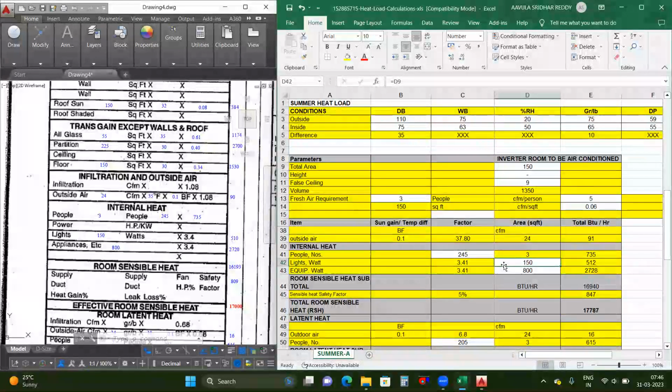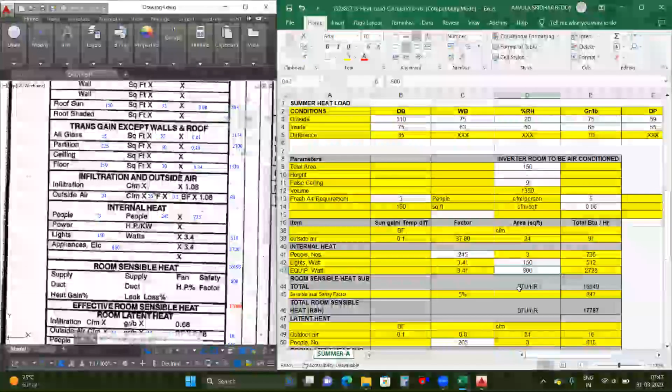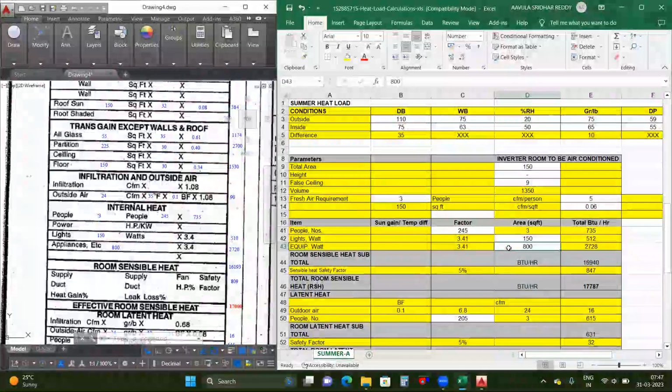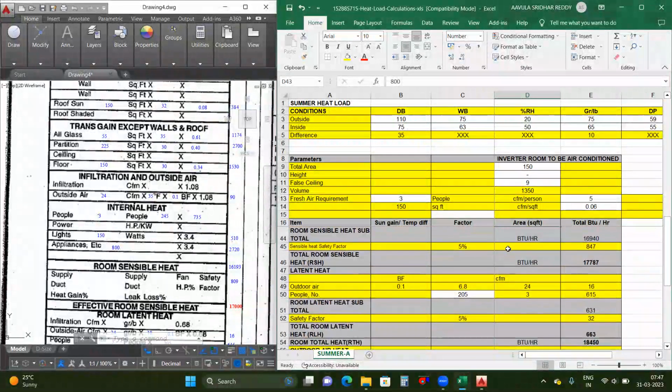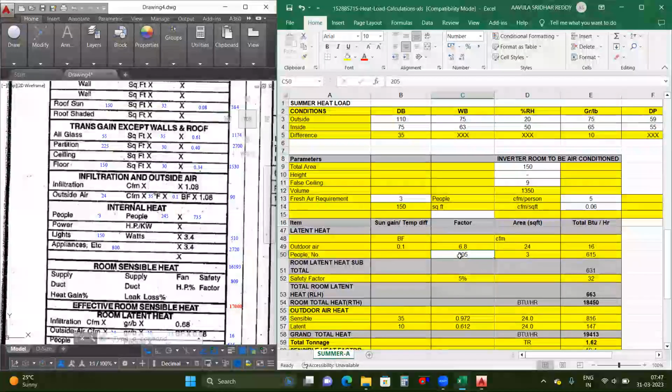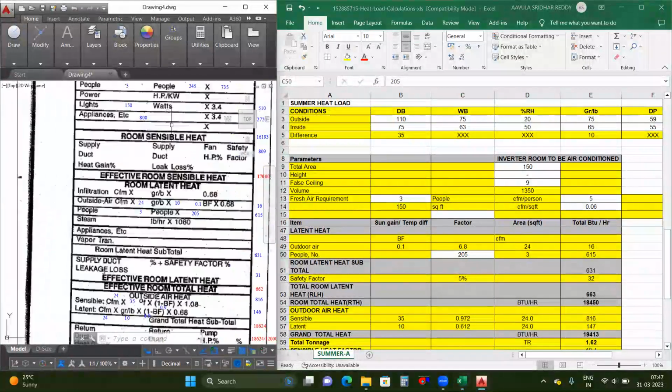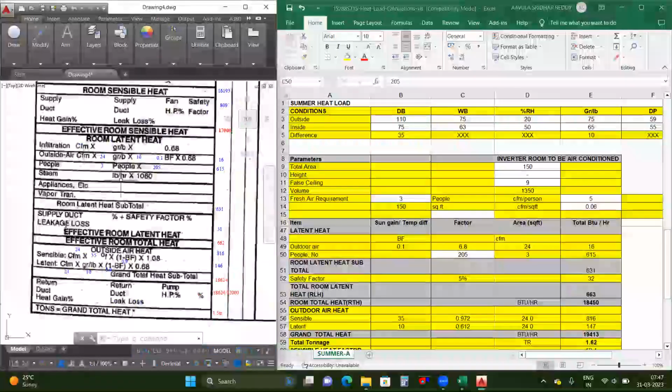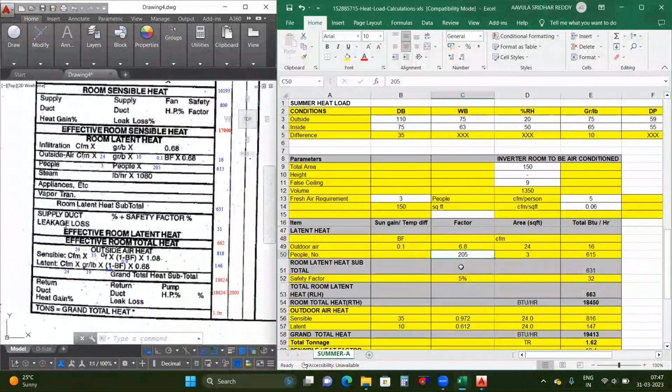Next one is equipment watt. Equipment wattage is 800 watts we have taken, the same we can enter here. Remaining everything will be calculated. Next is latent heat BTU, nothing but the room latent heat, this value is 205, already there.